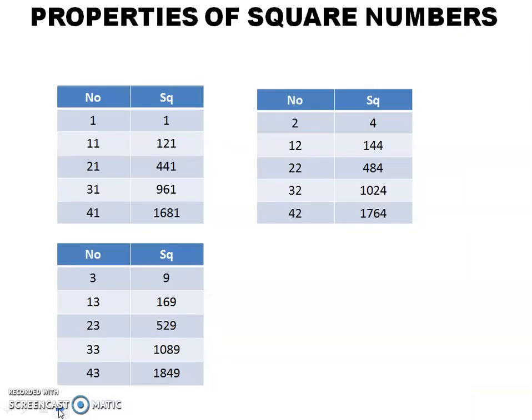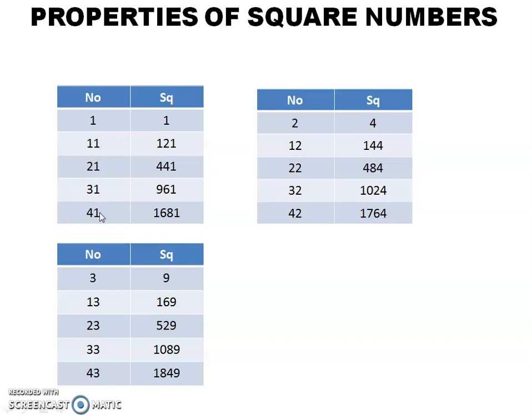Properties of square numbers. Students, I have given you 3 tables here. Okay, these are some examples. Now, let us see the first table. Here, I have given you numbers which end in 1.